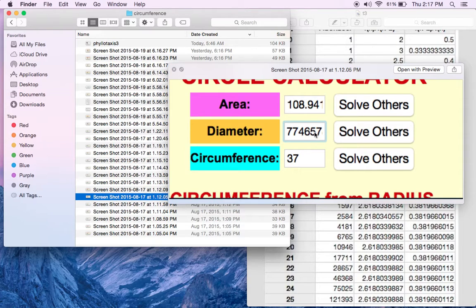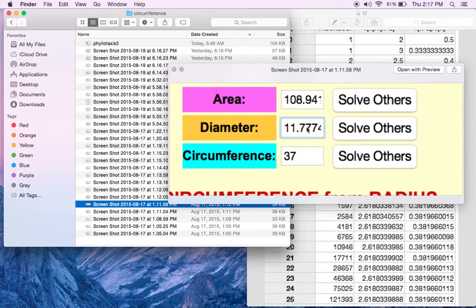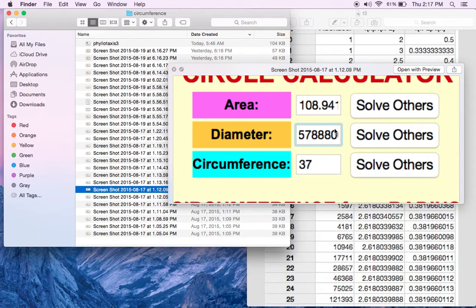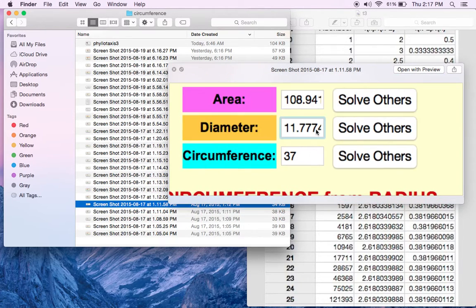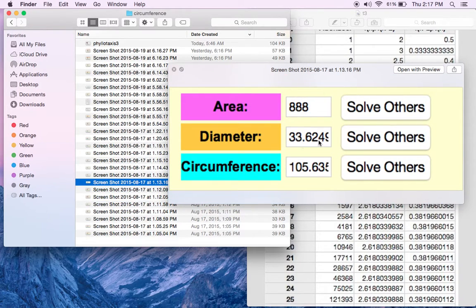I thought that was interesting. But lastly, 888. So 37 gives me 777, then four digits, and then 888. 888 is Jesus, 777, you know. These numerical values are not a coincidence.